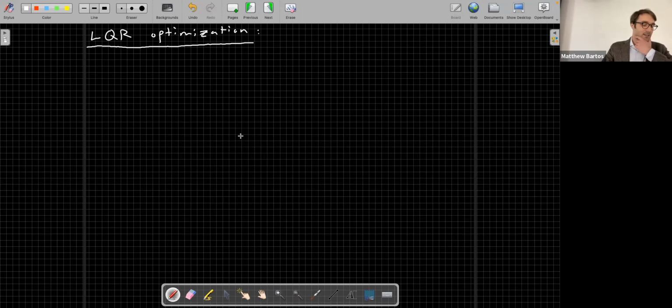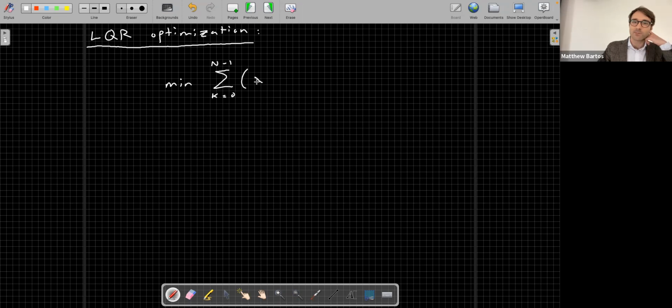So we can express this as an optimization problem. Let's say we want to minimize the sum from time step k equals 0 to time step n minus 1. Let's say we're minimizing over n time steps, and we minimize the following objective function.